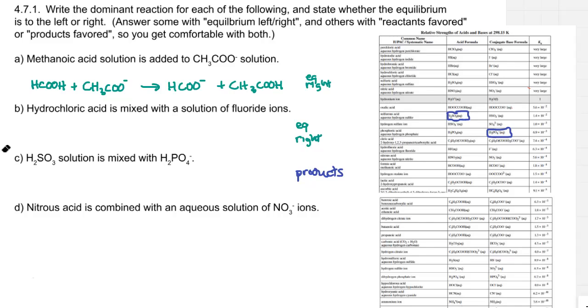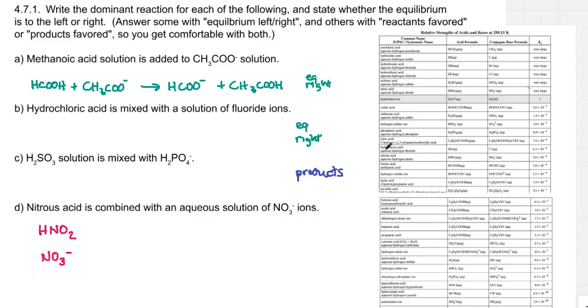And last one. Nitrous acid, which is HNO2, is combined with nitrate ions, which are NO3.